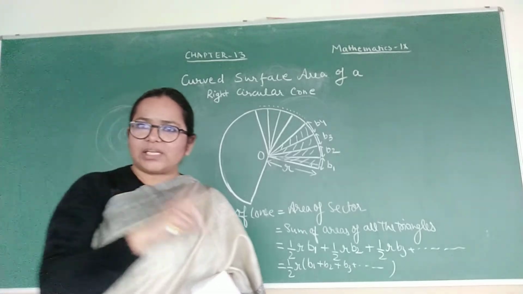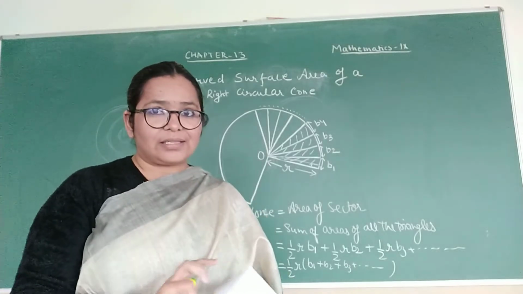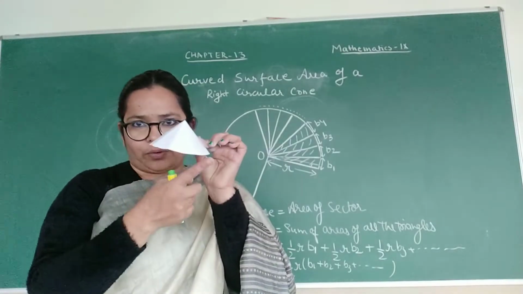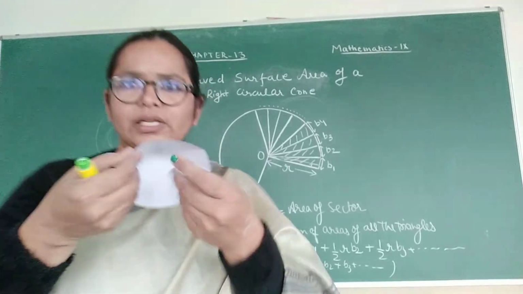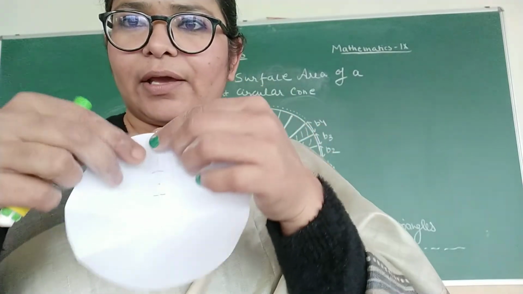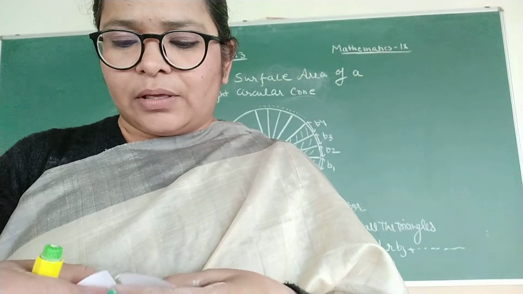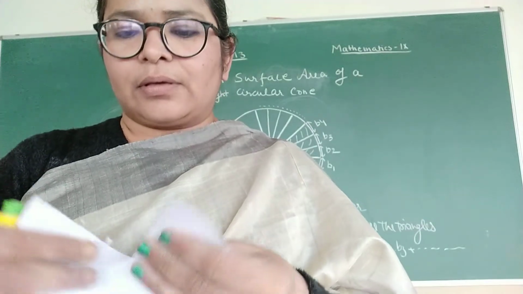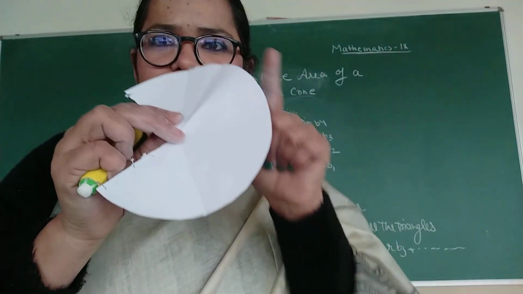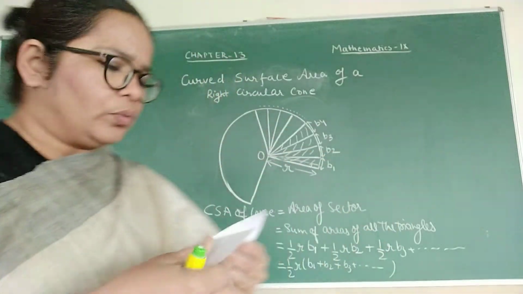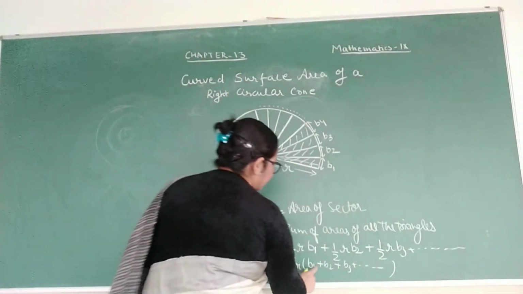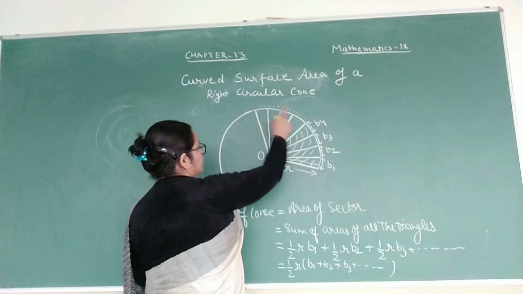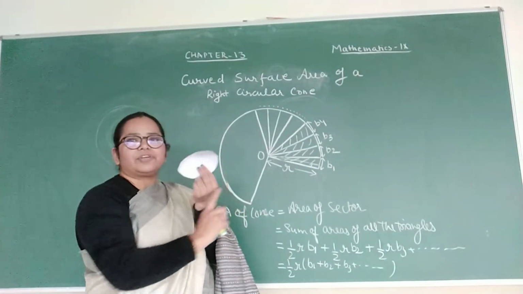Now can you think what is the relation between this arc length and the base of the cone? We see that the base of the cone is actually equal to the arc length. So we can write it, this B1 plus B2 plus B3 is same as the circumference of the base.